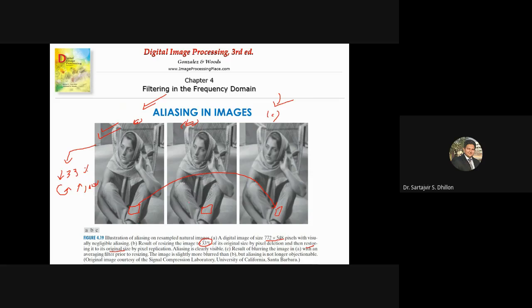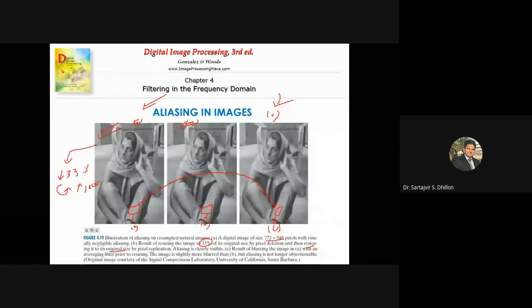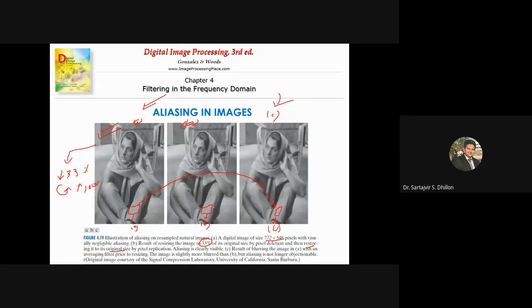If we compare these three tiles, tile A, tile B, and tile C, figure B represents a little bit of false information, and this is due to the aliasing effect.